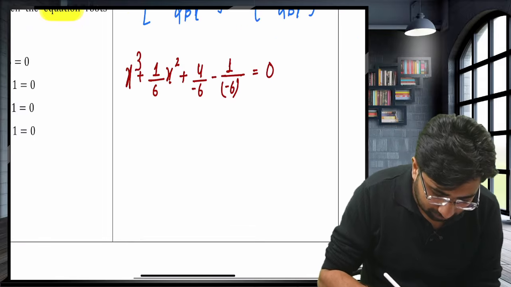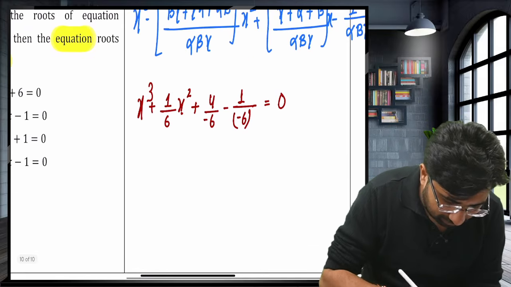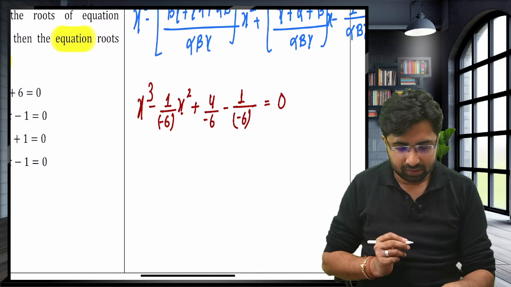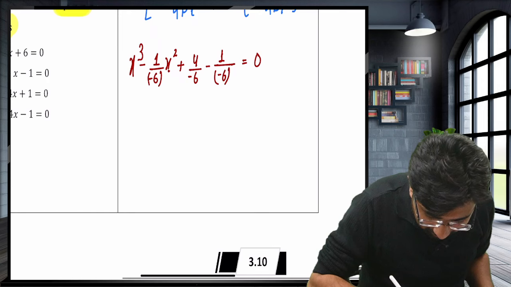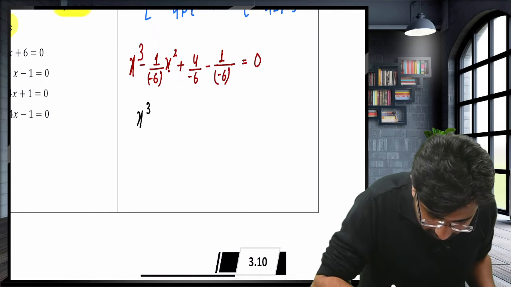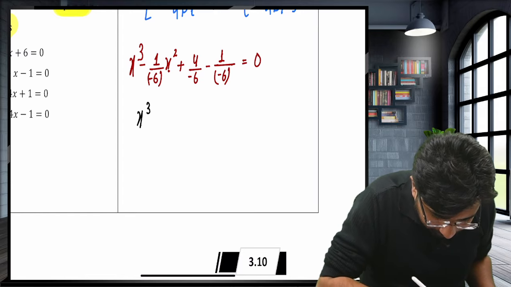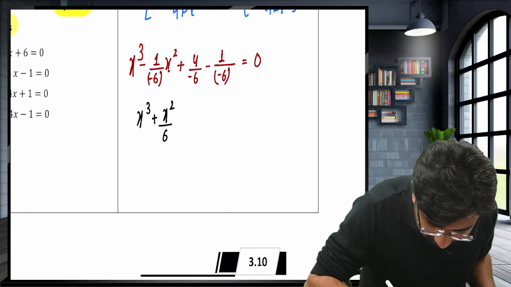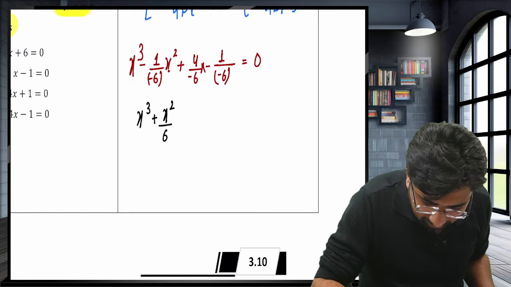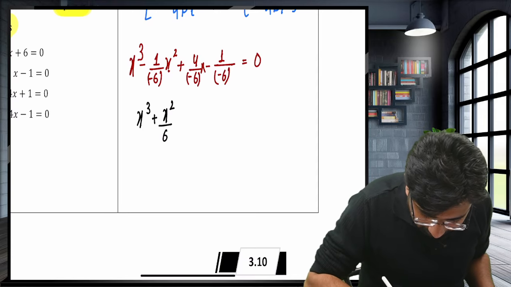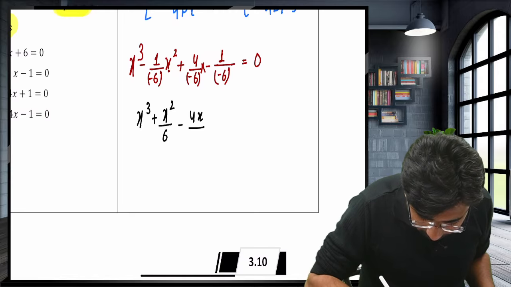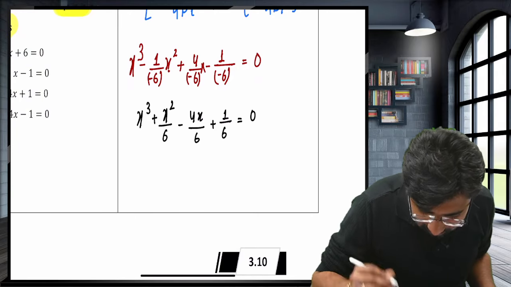Guys, if you open the bracket, I will write here also once. Let's do it. Aman sir, let's open the bracket. x cube minus, this will open, minus minus plus, x square upon 6, plus x minus, this will open the bracket, minus 4x upon 6, minus minus plus 1 upon 6, is equal to 0.